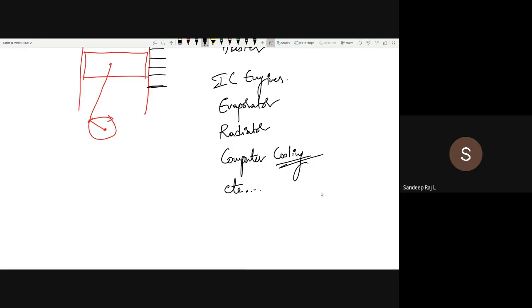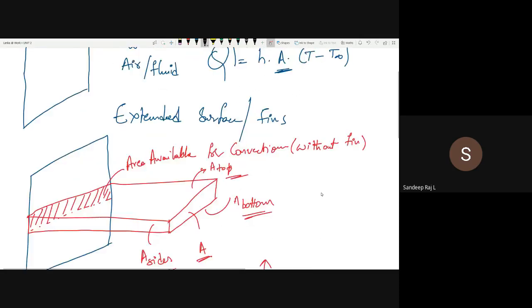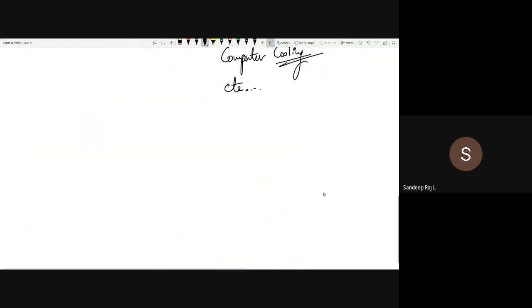Now let us move to our particular concept. Let us take the diagram once again here. Let me draw it again. This is my wall. On this wall, I'm attaching a fin here.